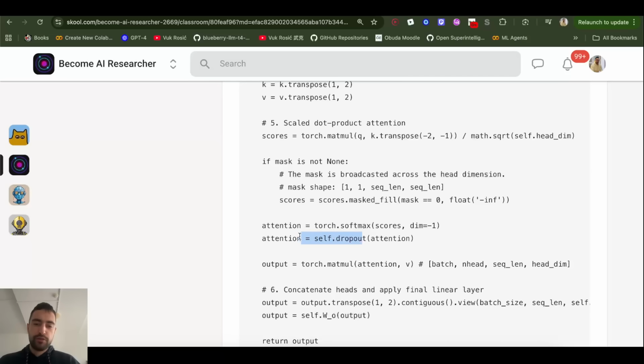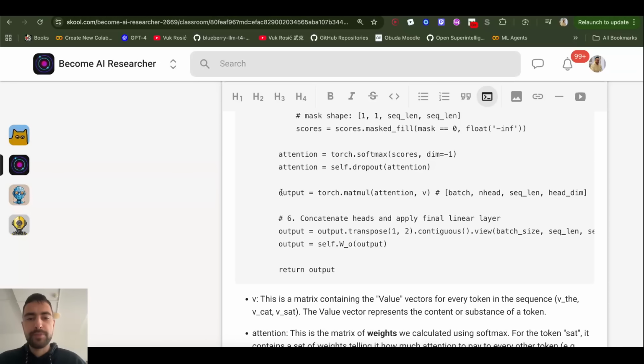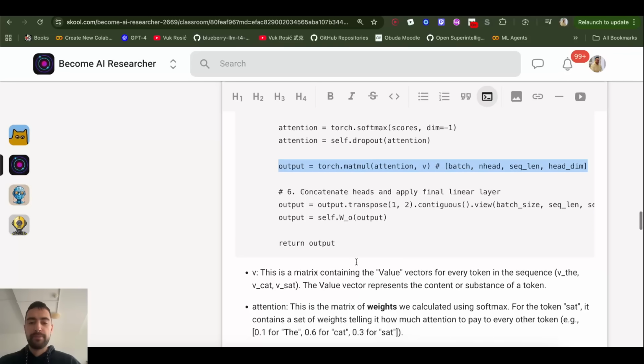And then we can drop out, or ignore, some of the scores to stabilize training, to make it not so dependent on some particular scores or some particular positions. So this part, output, is where we perform the weighted sum of the values. So now this is where it takes context from every previous token based on the score, the importance.